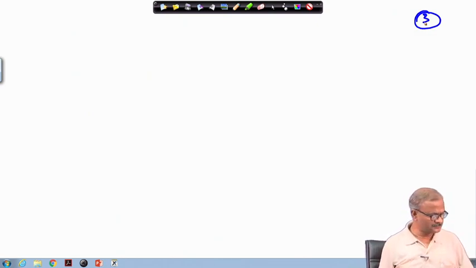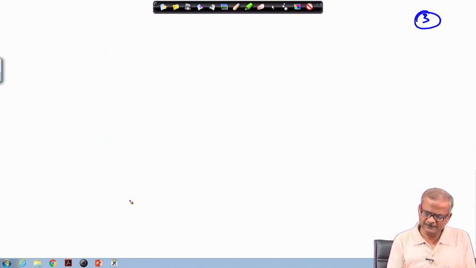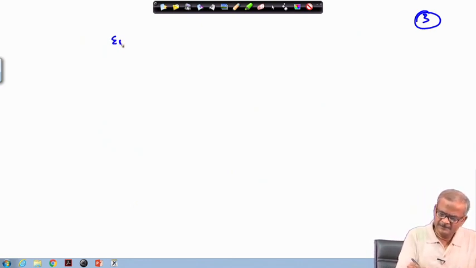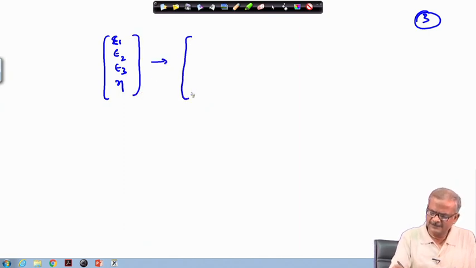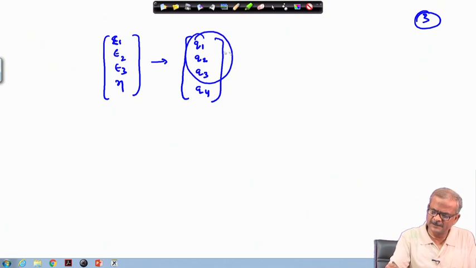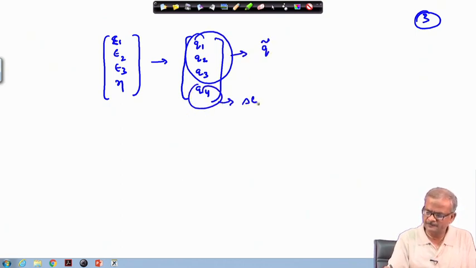Okay, so, this way today what we have done is we have come to the conclusion that instead of using Euler angles, we can also use Euler parameters. So, Euler parameters epsilon 1, epsilon 2, epsilon 3 and eta, instead of using this, you can equally write in terms of the quaternion notation, which is written as q 1, q 2, q 3 and q 4, and this part we will write as q tilde, and this is the scalar part.